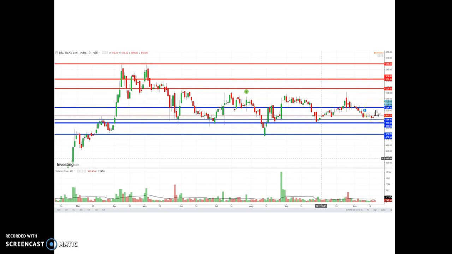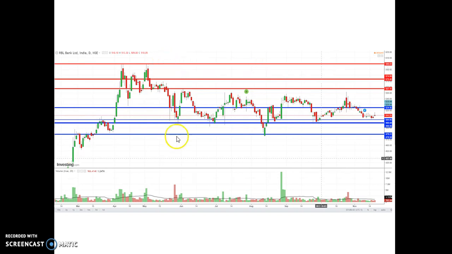If the price crosses 524, then considering 524 as a support, the next target in view is the 557 price. If this crosses, the next targets would be 573 and 598. So this is about the RBL Bank support and resistance lines.